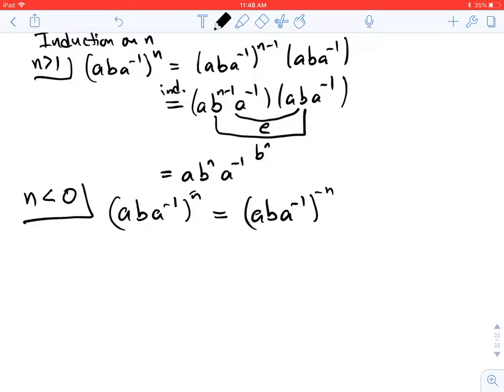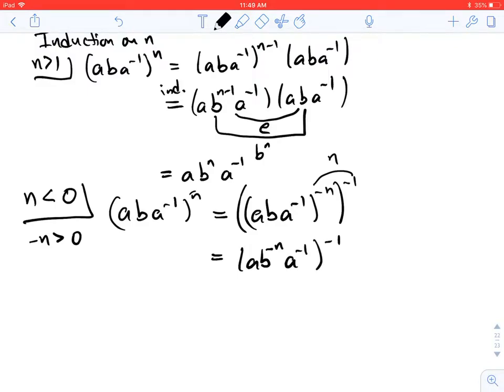Of course, this is no longer the same thing, so I'm going to have to raise this to the minus 1, because now minus n times minus 1 is my n. Since negative n is positive, I can use the result I just proved, which is that ABA inverse raised to the negative n will be A B to the negative n A inverse. And then I'm still raising all this to the negative 1.